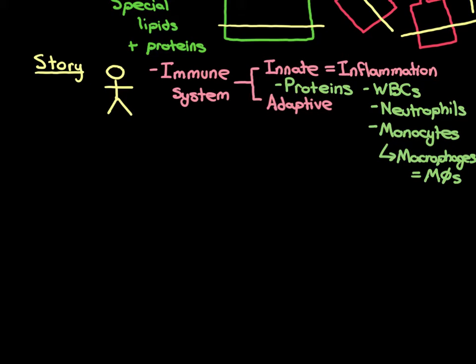It takes a while to come on and will come on much later. However, we're not dealing with a pathogen in the case of multiple sclerosis. We're dealing with an autoimmune attack, and it's going to be the adaptive immune response that goes first in an autoimmune disease, and then it's going to order the innate immune response to attack after it has attacked.